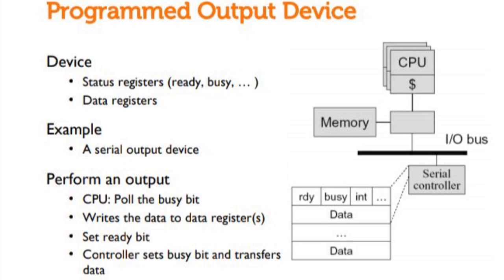For example, a serial output device, as you can see, guys. To perform an output, the CPU checks the busy bit, writes the data to the data register, and sets the bit, and the controller sets the busy bit and transfers the data.